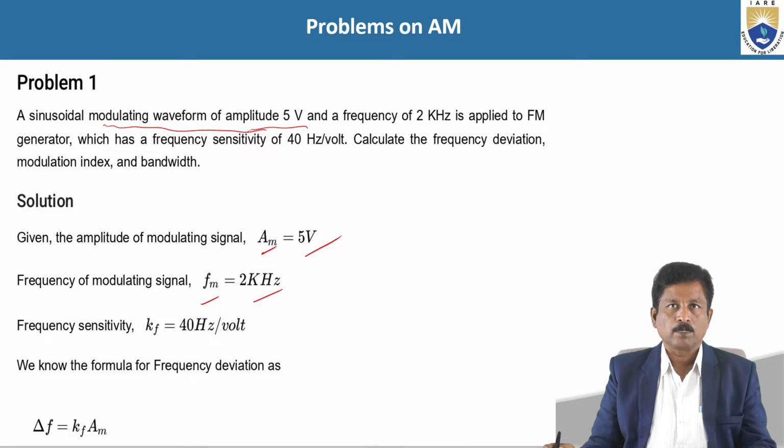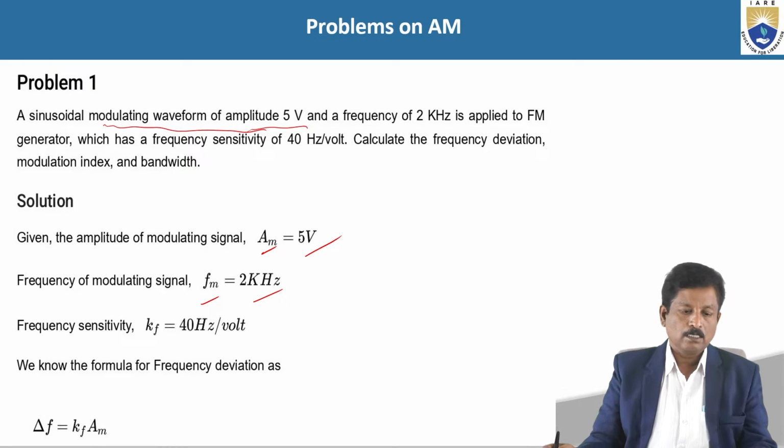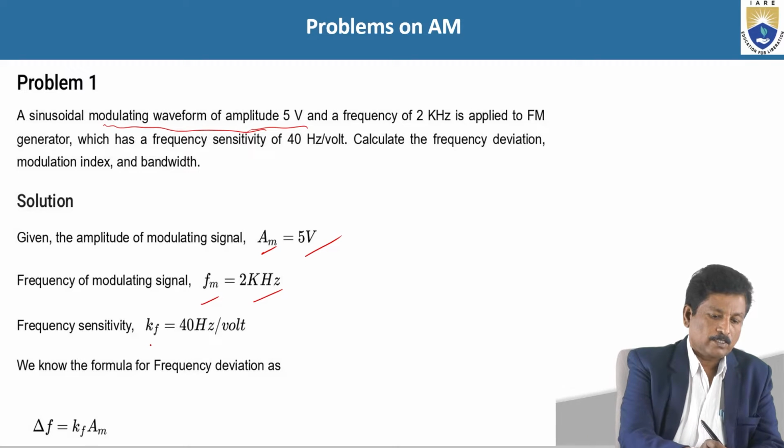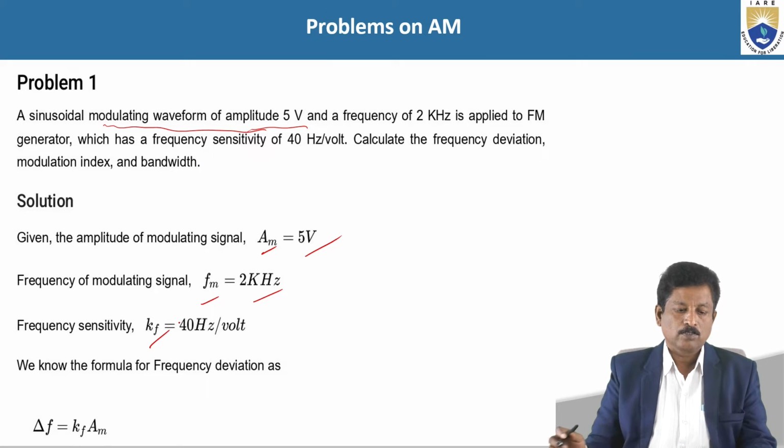At the same time, another parameter given is the frequency sensitivity. The symbol used for the frequency sensitivity is kf, so kf equals 40 hertz per volt. So these are the known data given by the problem.